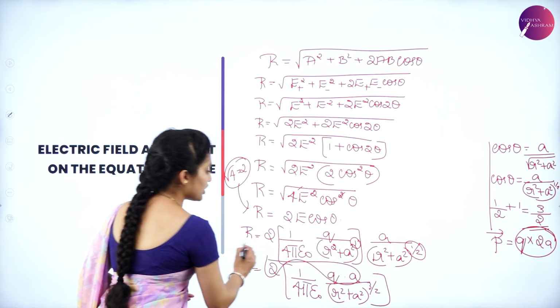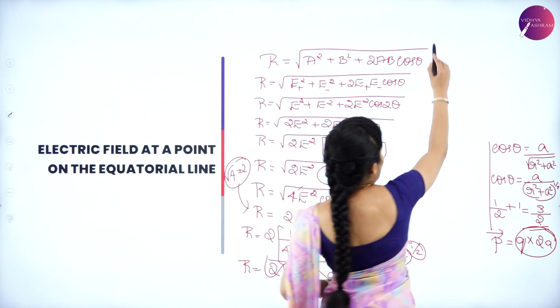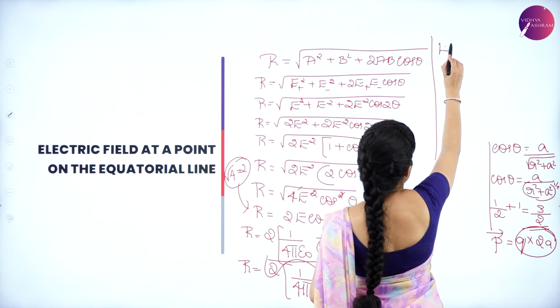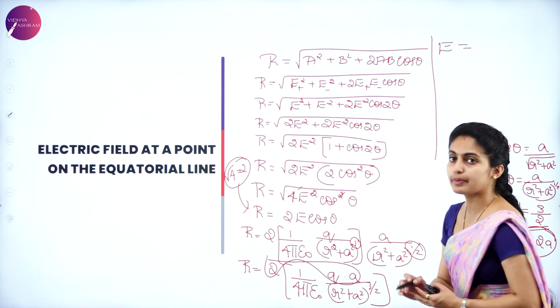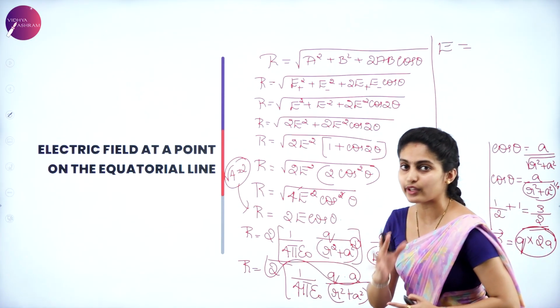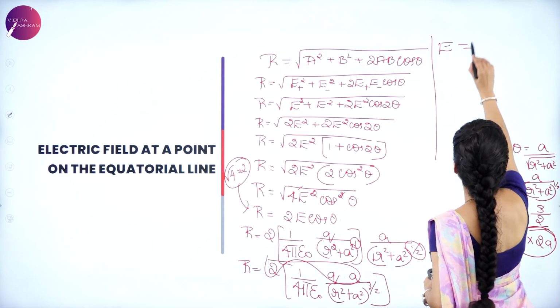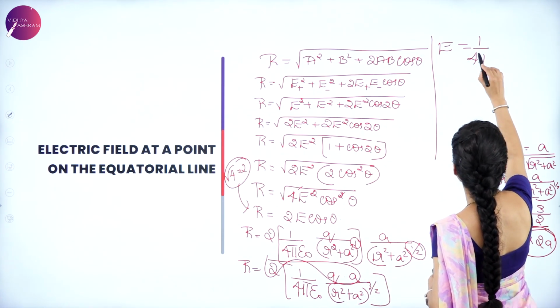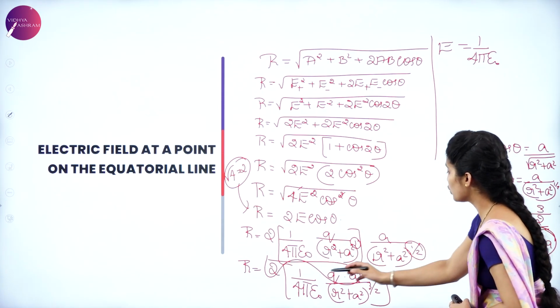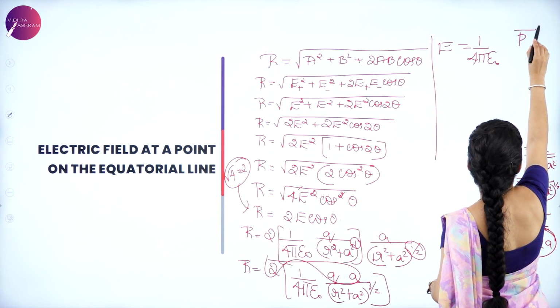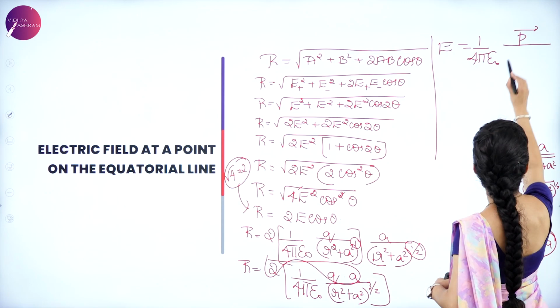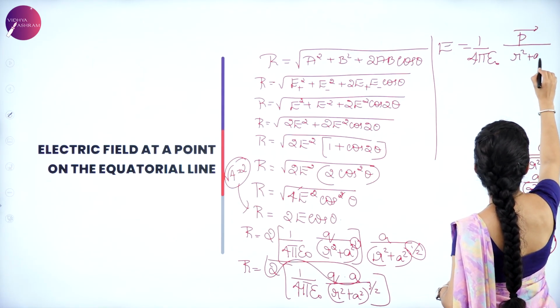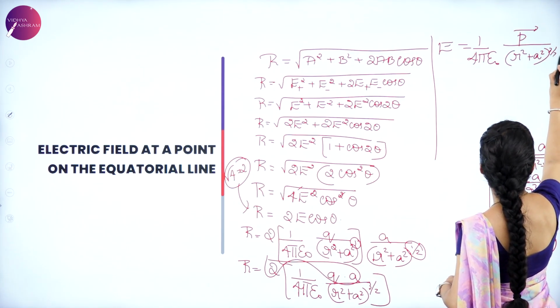So 2A into Q can be taken from this term, and we can rewrite this as E is equal to, let the resultant be written as the total electric field which is present over here. So 1 by 4 pi epsilon naught, and 2QA can be written as dipole moment, divided by R square plus A square the whole 3 by 2.